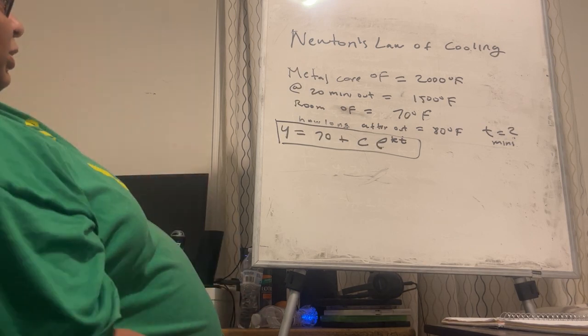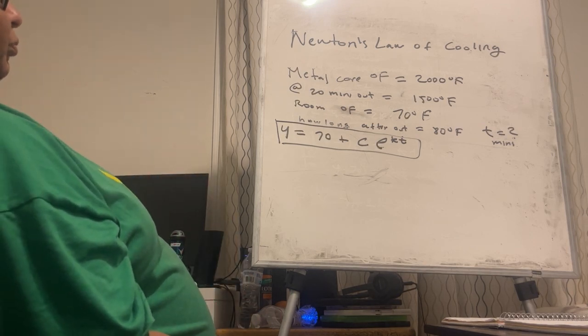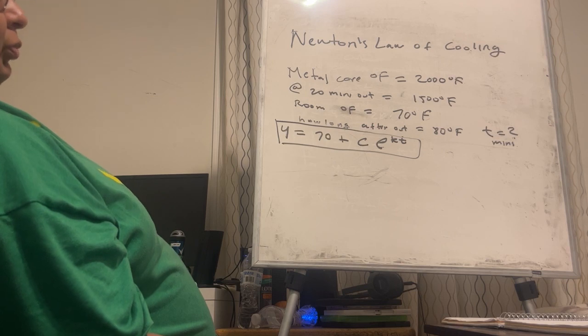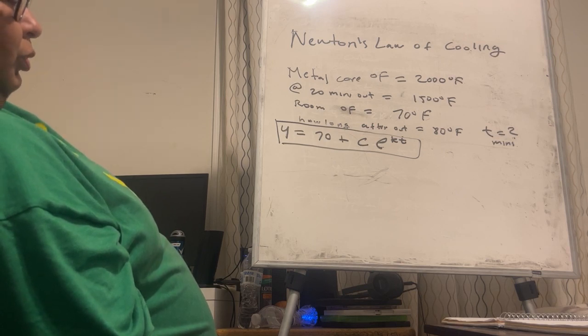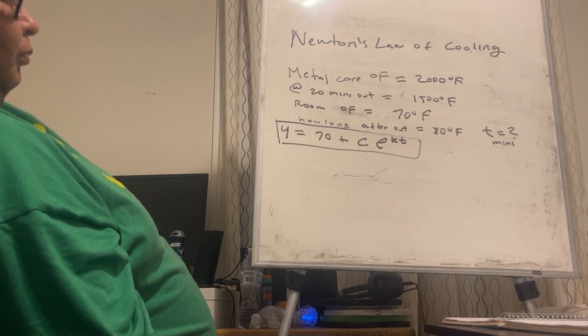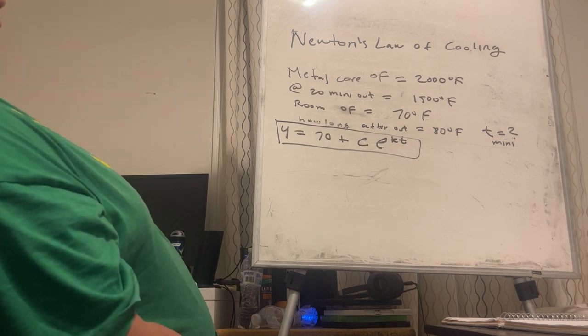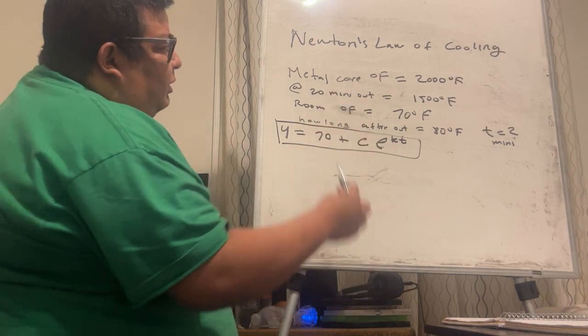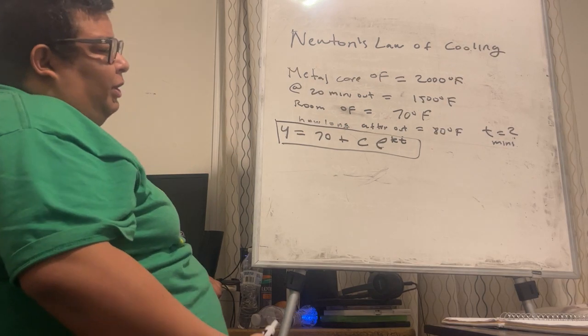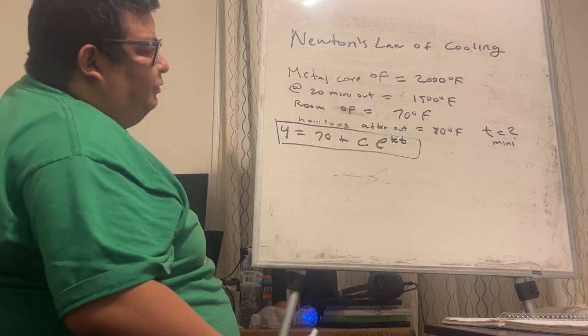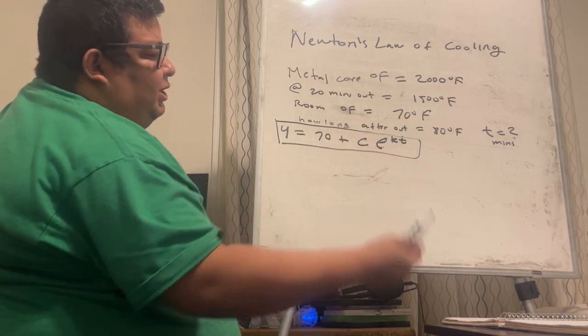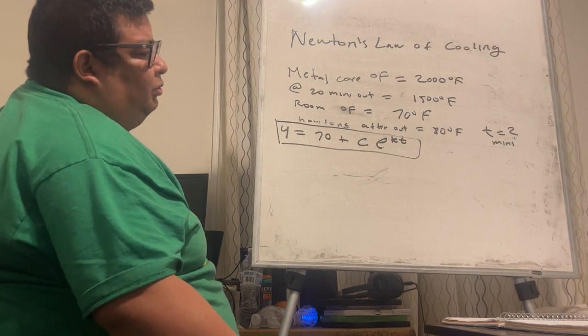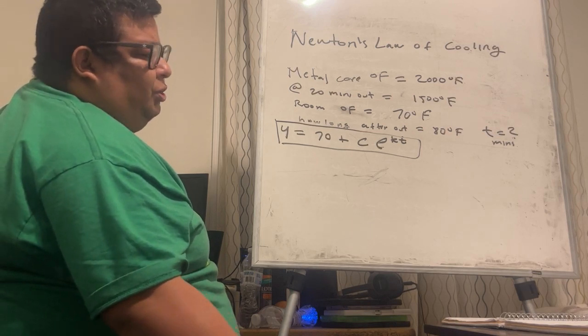First, we're going to find C. We know that the initial core temperature of the metal is 2000 degrees Fahrenheit, at time t equals 0, right before we took it out.